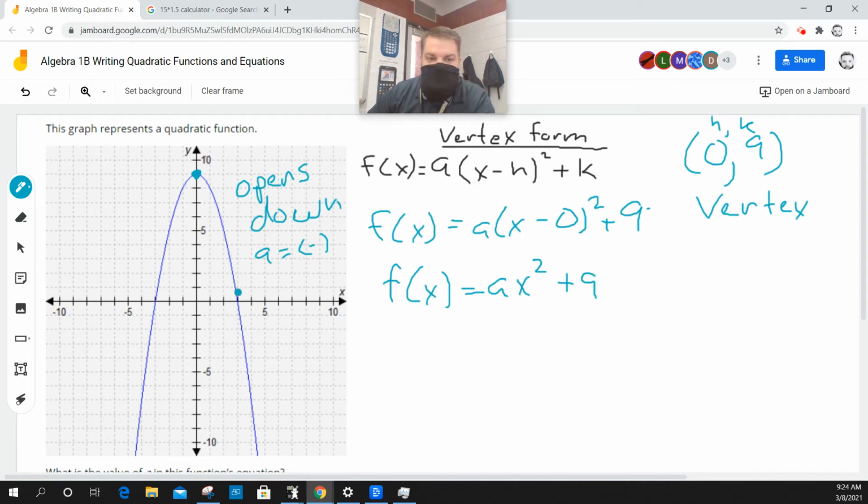Now to find the rest of this, I just need another point on the graph. So this point right here will work. It looks like it crosses through the point 4, 0. Well, 4, 0 is x, y, or you could think of it as x, f of x. In other words, I could say 0 is equal to a times x, which is 4, plus 9.